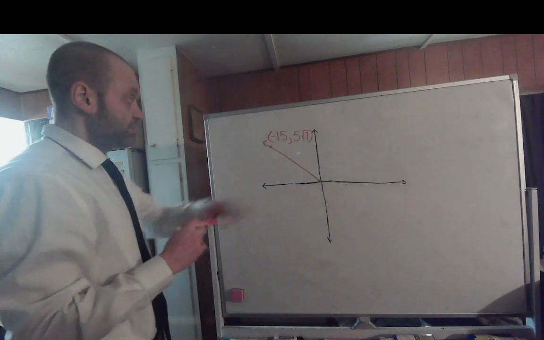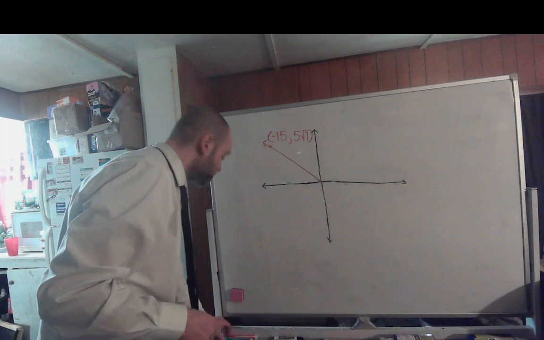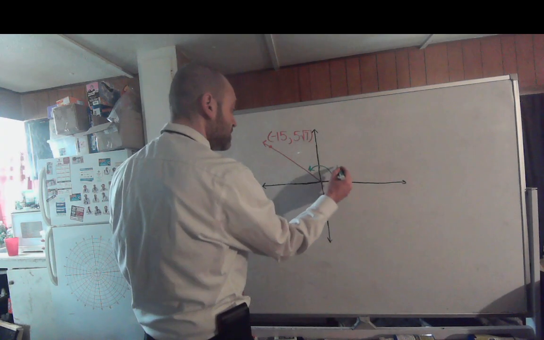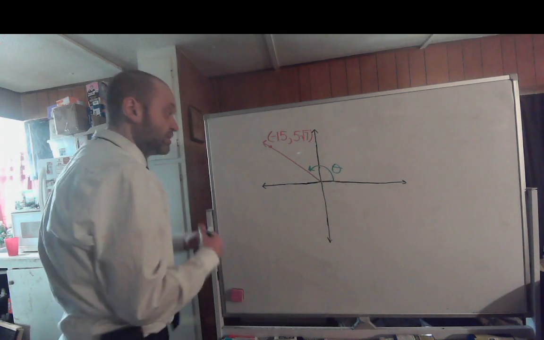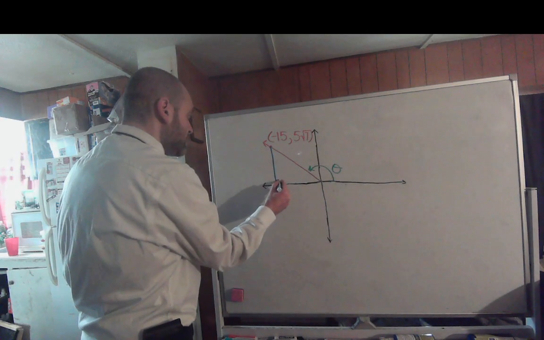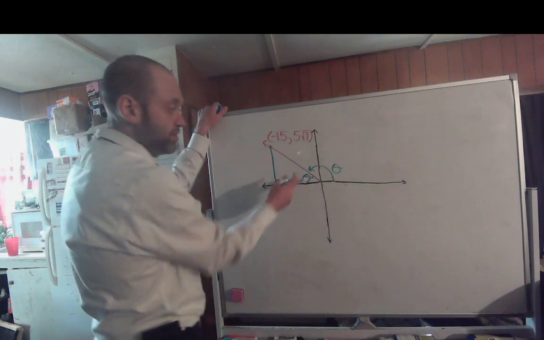So that's going to be a bit of a doozy. So, of course, we're going to find theta. But first, set yourself up a right triangle to make your life a little bit easier, which means we'll be really finding theta prime, the reference angle.